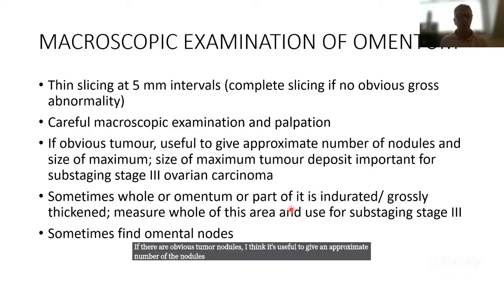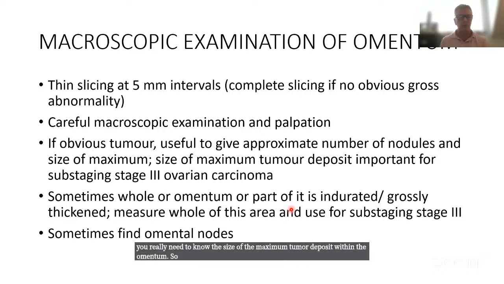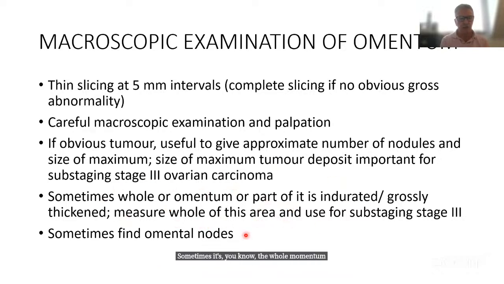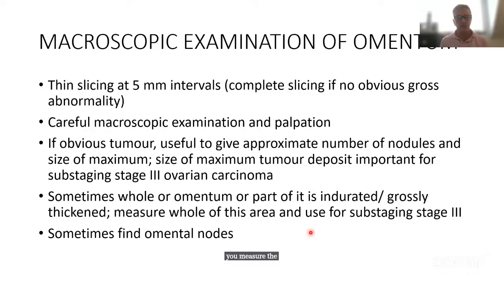Important with ovarian tumors is substaging stage 3 ovarian cancers. You need to know the size of the maximum tumor deposit within the omentum, so that should be recorded. Sometimes the whole omentum is just indurated or grossly thickened without a well-defined tumor mass. I would suggest you measure the whole of this area and use this as the size of the omental deposit.